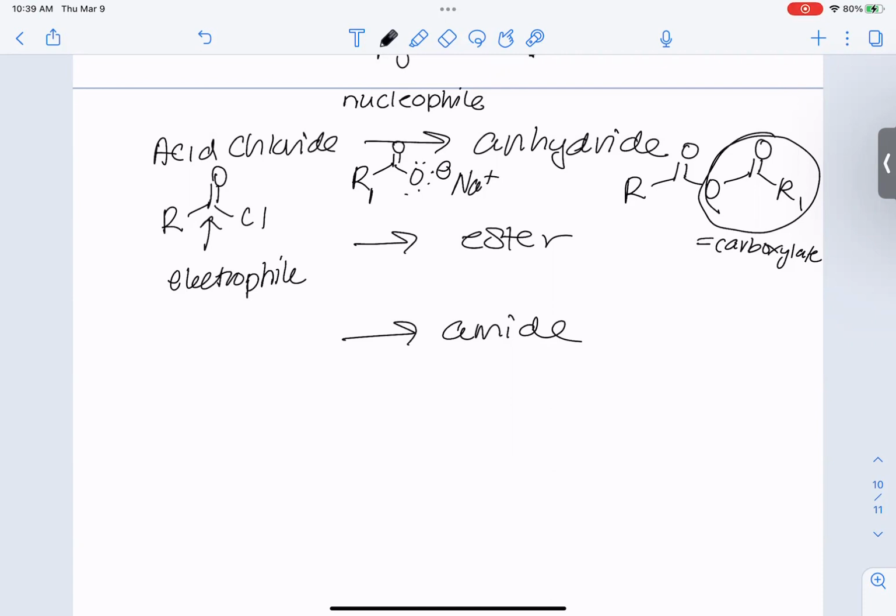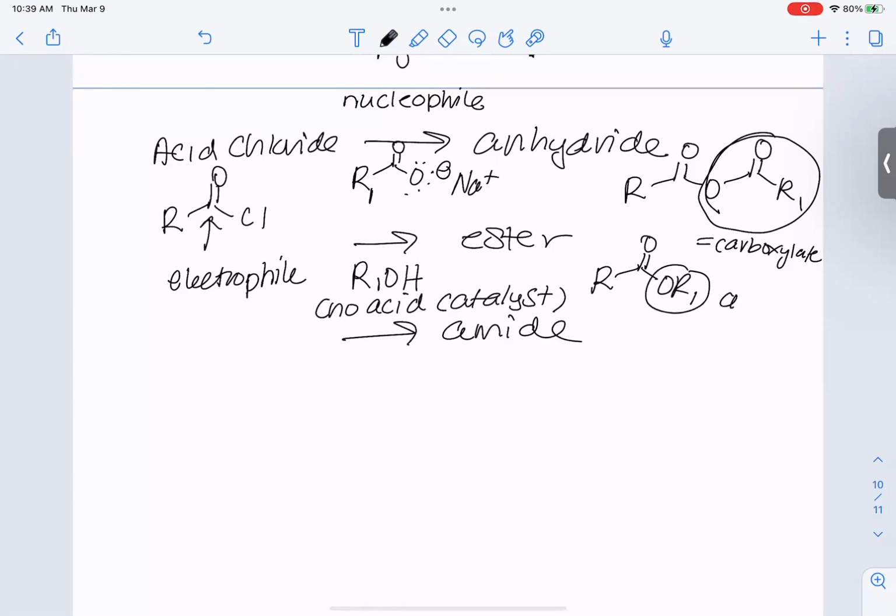To make an ester, you just need to add an alcohol. Here, an acid chloride is reactive enough that you do not need an acid catalyst. The chlorine is that good of a leaving group. And you get an ester.